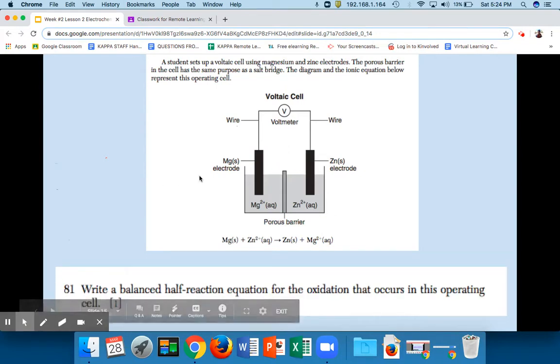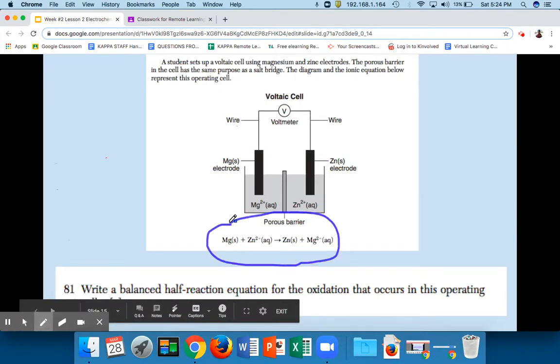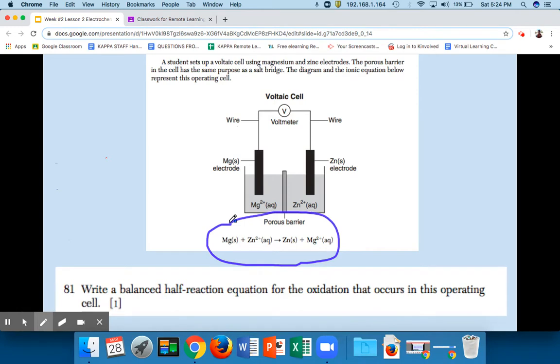All right, last question. Write a balanced half reaction for the oxidation that occurs in this operating cell. So we must use our reaction down here and figure out what is being oxidized. So let's isolate our two elements, Mg and zinc, Zn.